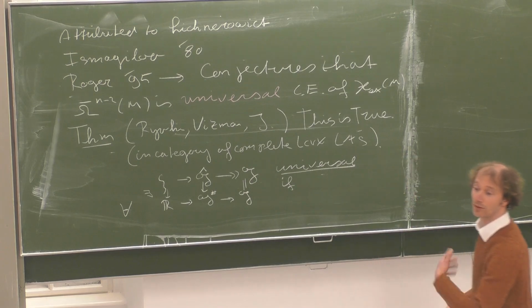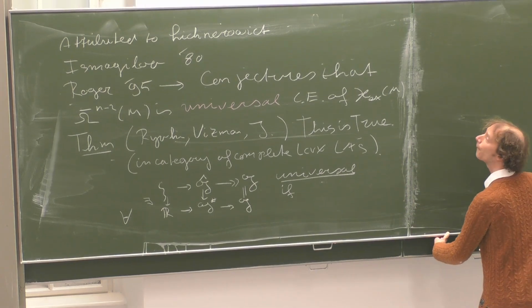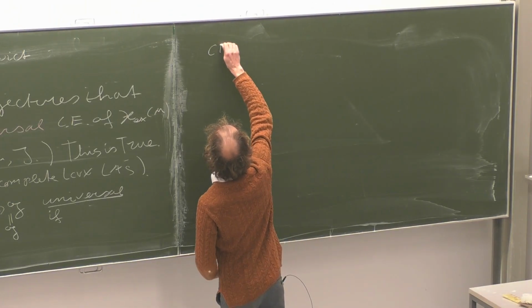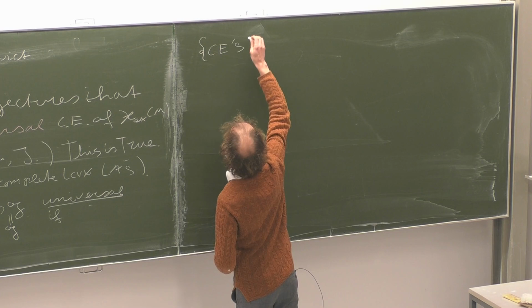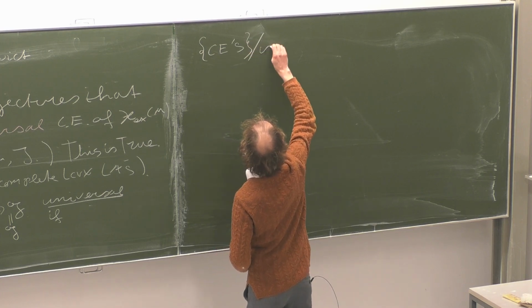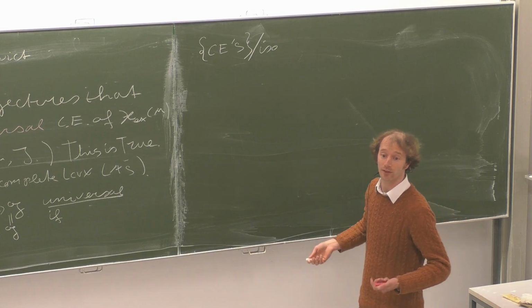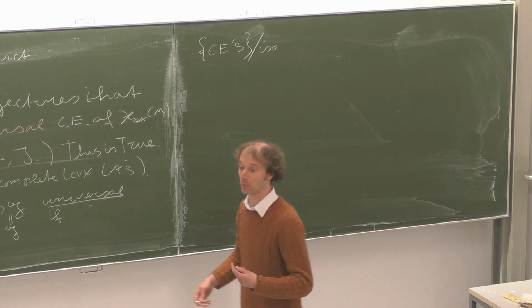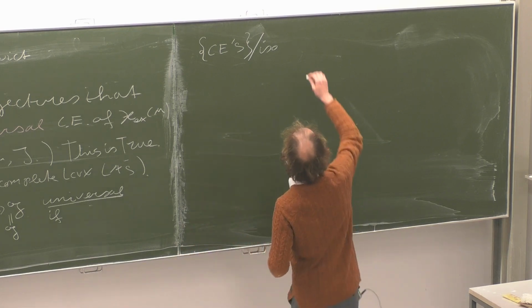So these central extensions correspond to two-cocycles. Isomorphism classes of central extensions correspond to isomorphism classes of two-cocycles on your Lie algebra.